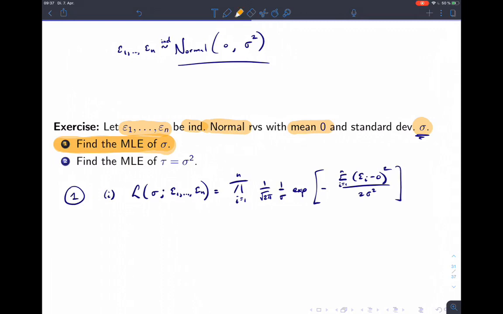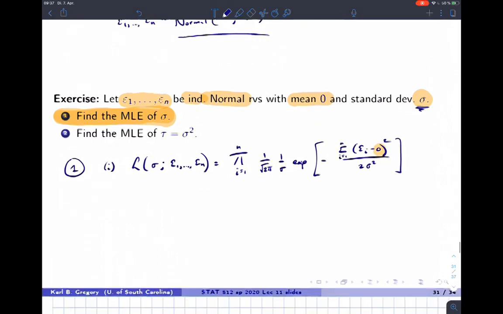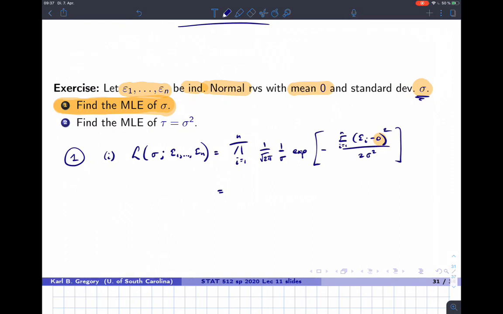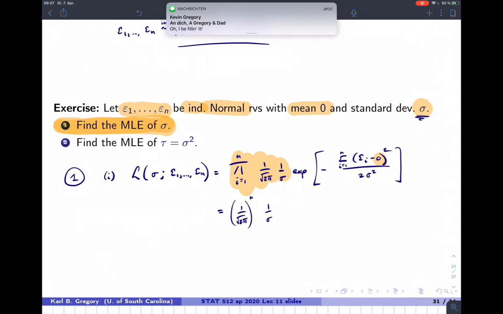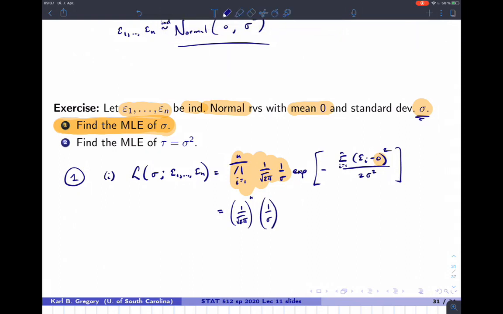So I've got a 0 in the position of mu. And to simplify this, when I make this product go on to these guys, I have 1 over root 2 pi raised to the n, 1 over sigma raised to the n.